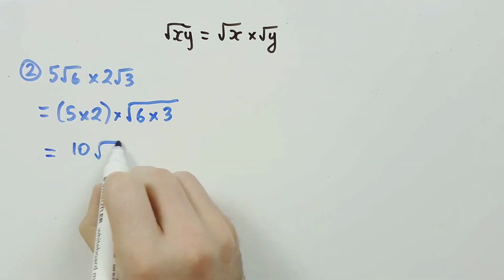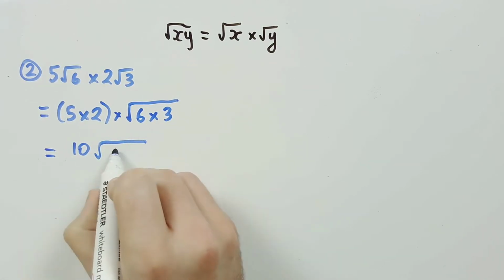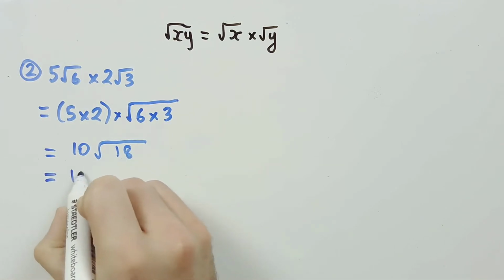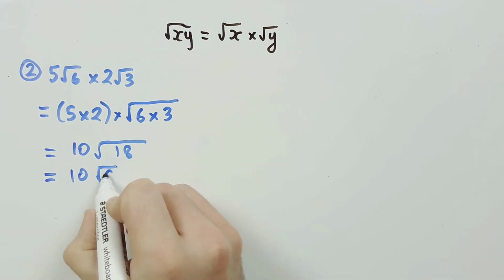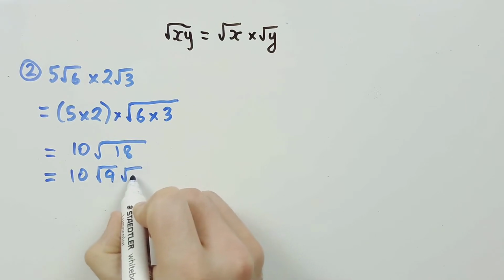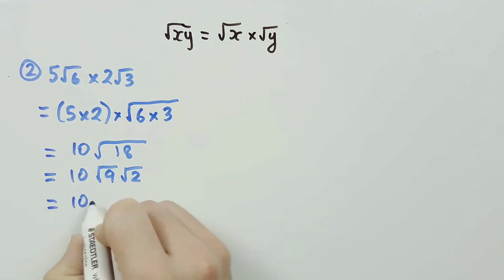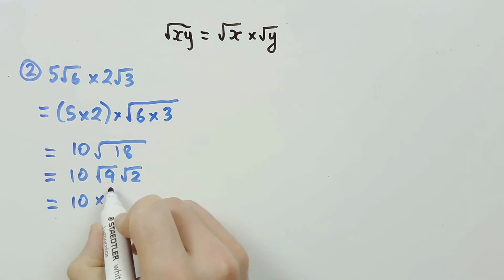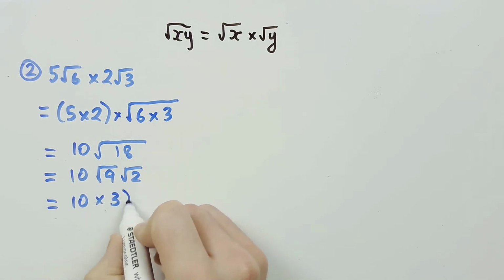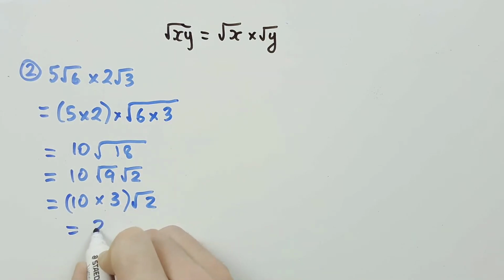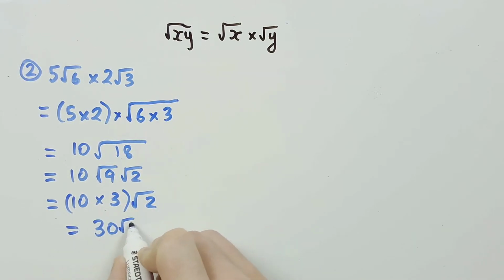And we're left with 6 times 3, which is 18, within the surd. Exactly the same as our last question, we can break this root 18 down to root 9 times root 2, which gives us 10 times root 9, which is 3, outside of root 2, which gives us our solution, 30 root 2. And that's our answer for that one.